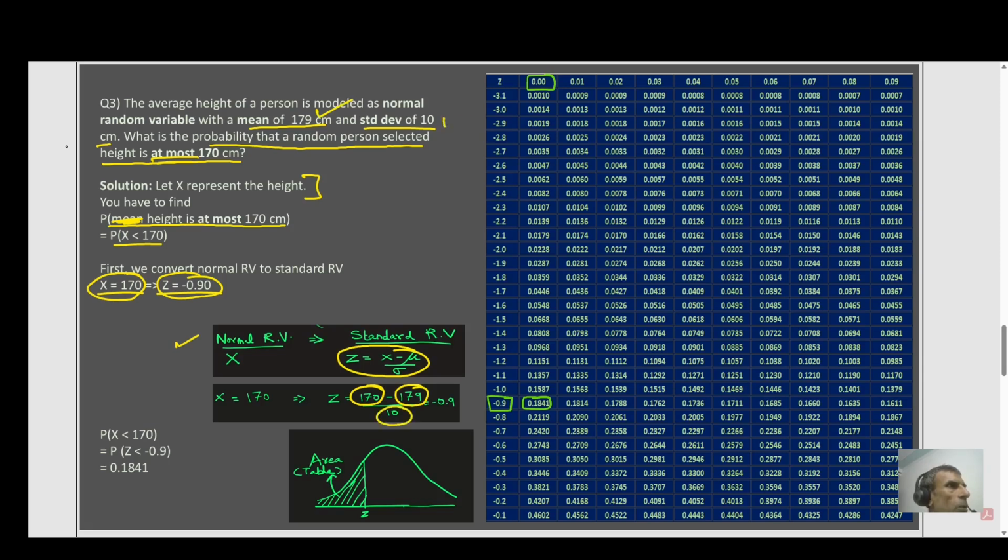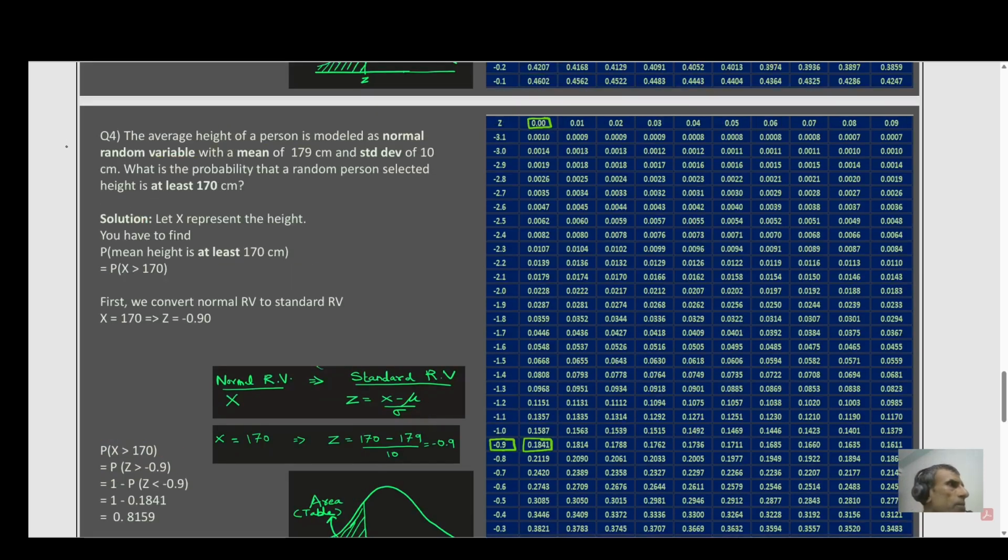I substitute my values and it comes out to be minus 0.9. So the probability of x less than 170 is the same as the probability of z less than minus 0.9, which is 0.1841. I'm just using my standard table to get the area under the curve to the left of my z value.